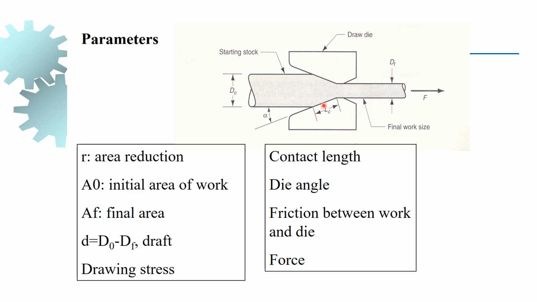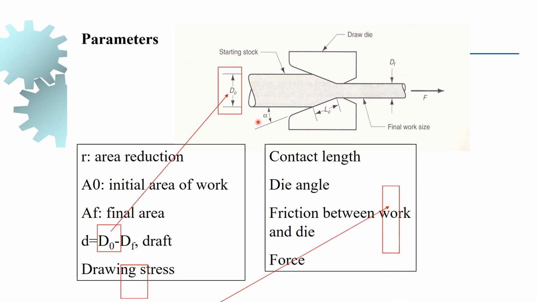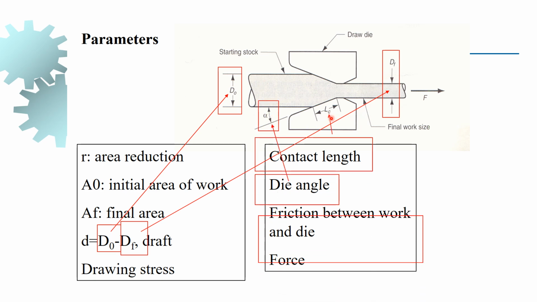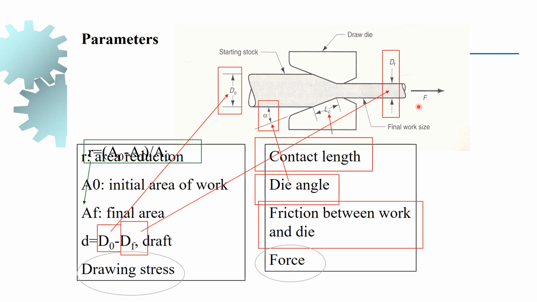The contact length is taken as LC and the force applied is F. The angle of the die is taken as alpha. So we have the initial diameter, final diameter, die angle, contact length, friction between the material and the die, and the force applied.